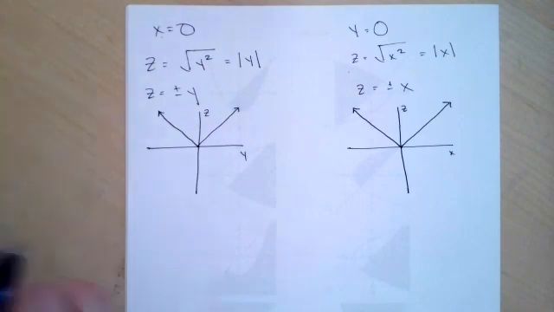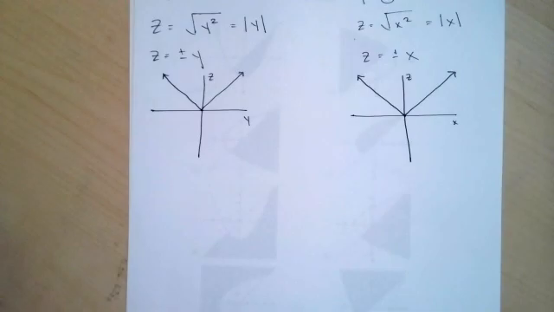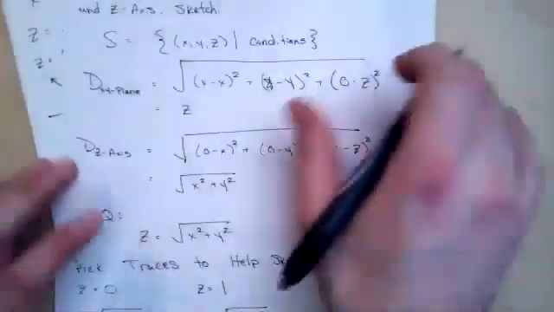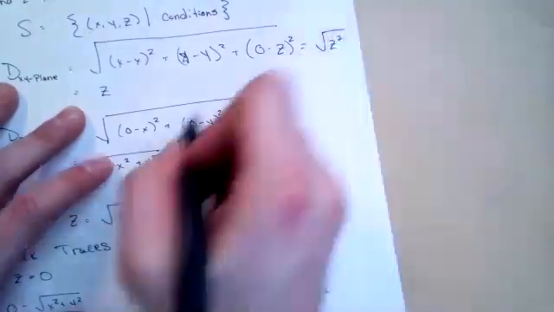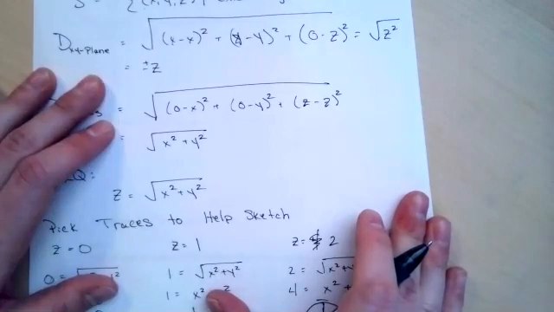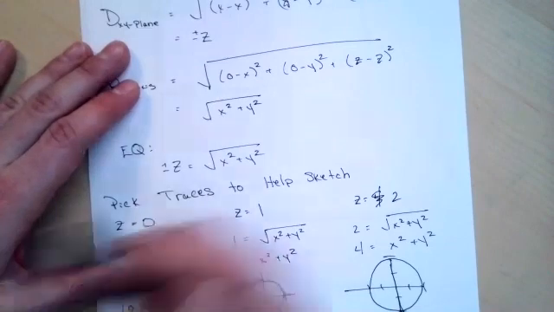And I missed one thing. I was thinking about why I missed this. Let's go back 1 second. I missed a plus or minus on this coordinate. So this is going to be the square root of z squared, which gives us a plus or minus z here, which is good because we need a plus or minus z here.